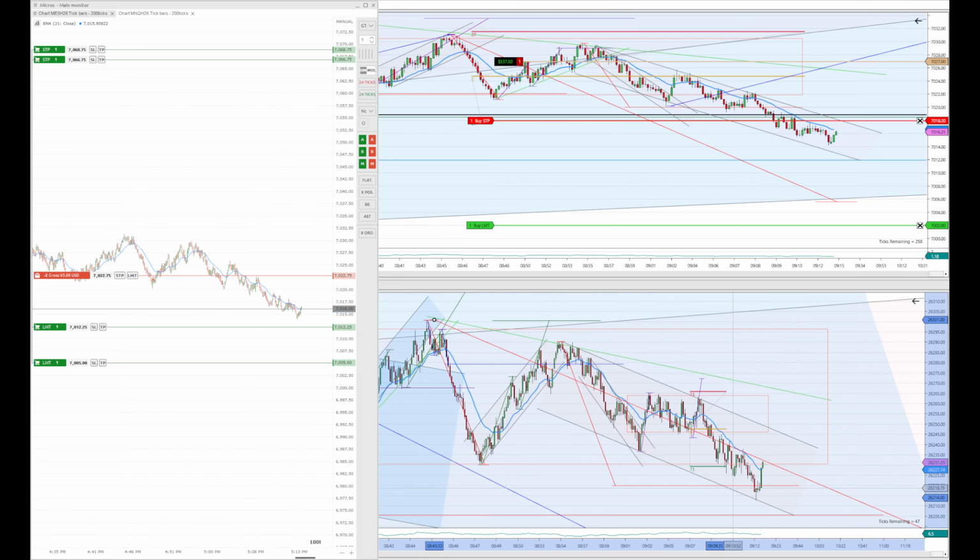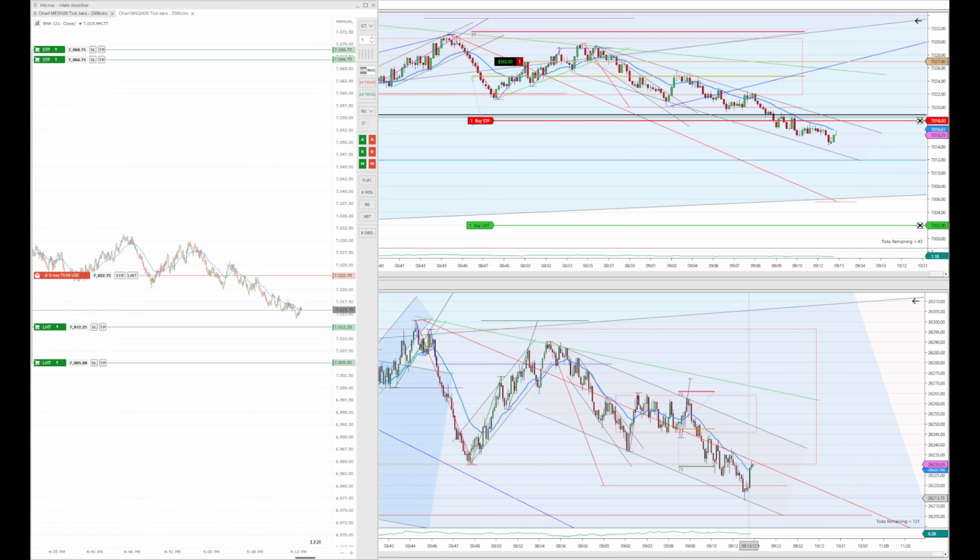Alright, so NQ bounced on the measure move, and also this trend line, bottom line. So this downtrend may get a break.